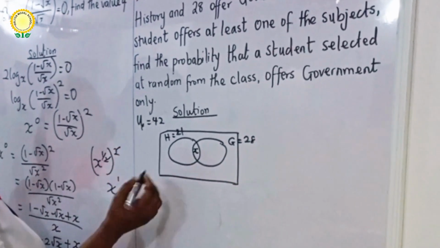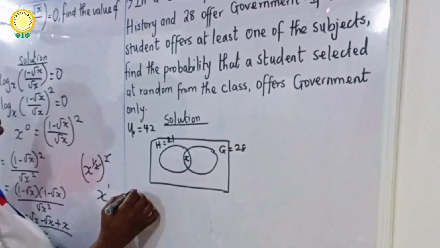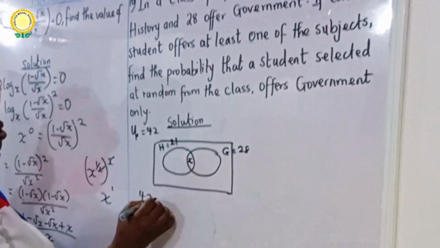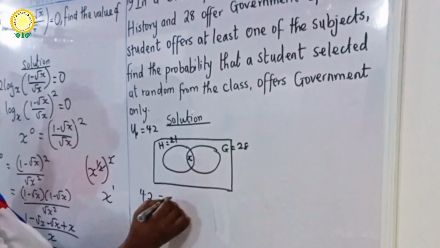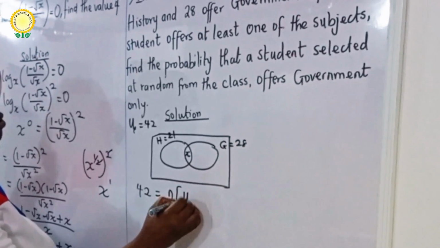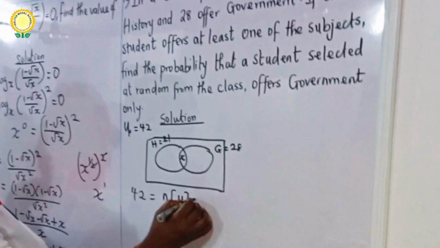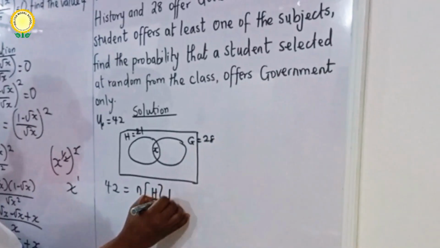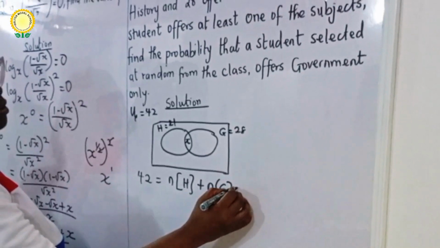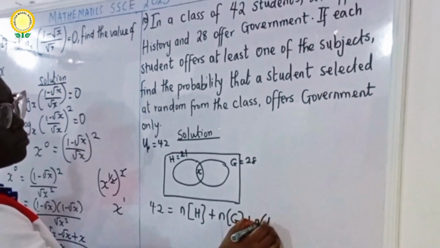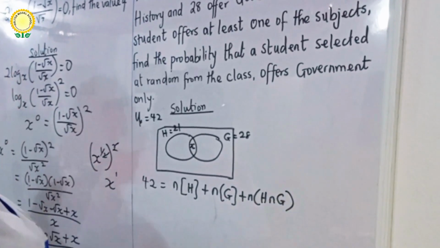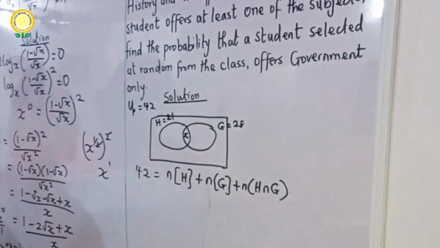So when the solution is very complex, you will say that, okay, so we have 42 is the total. Then we have the number that is doing history alone, the number that is doing government alone, and the number that is offering both history and government.